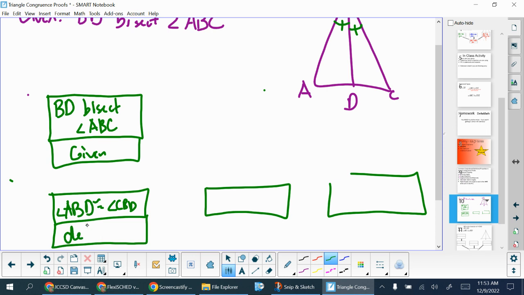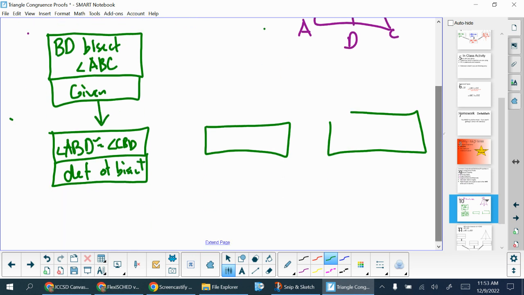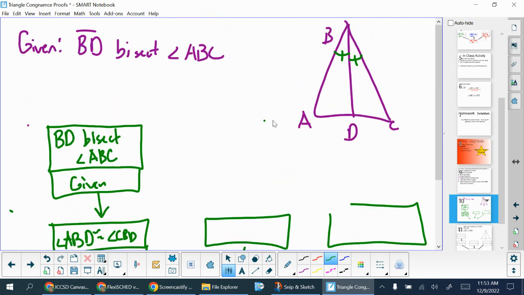And the reason for that would be that that's just what bisect means. So I'll usually put definition of bisect, and the arrow will go like that. That can be one of my three things that leads to the triangles being congruent. But in and of itself, BD being a bisector is not one of the three things. So I've got that extra step, and you're going to see those showing up in some of those B-level proofs, those proficient level questions.